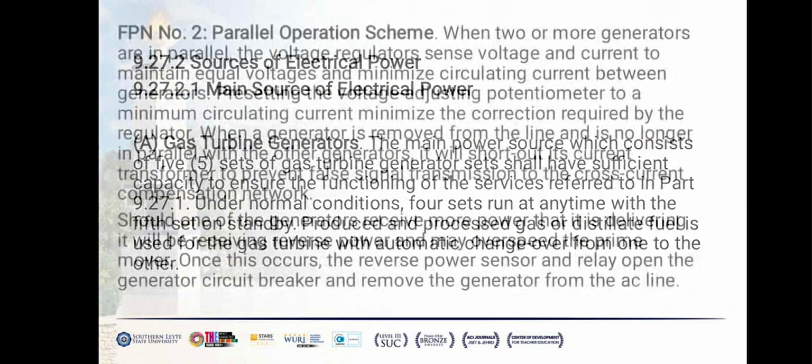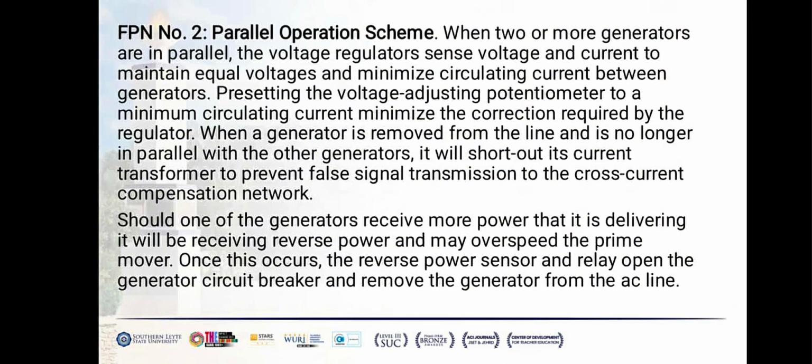And next is parallel operation scheme. When 2 or more generators are in parallel, the voltage regulator senses voltage and current to maintain equal voltages and minimize circulating current between generators.